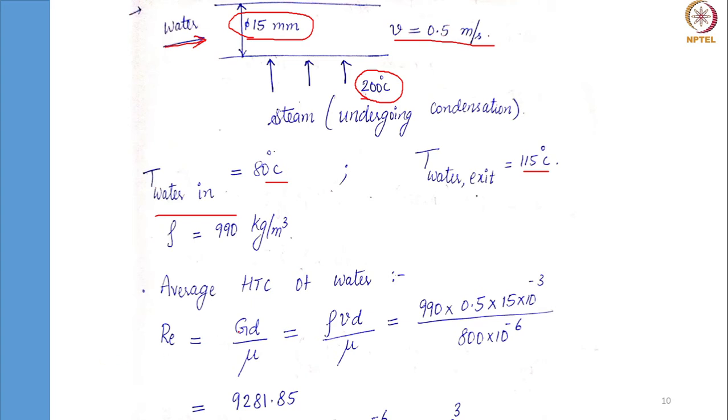And we want to know the average heat transfer coefficient of water in this condition. So Reynolds number, we know, can be written as rho Vd by mu. All the values on the RHS are already given: rho, velocity, hydraulic diameter, that is 15 mm, and mu. Please make sure that we are dimensionally consistent. Otherwise, we should land up with the right answer of Reynolds number 9281.